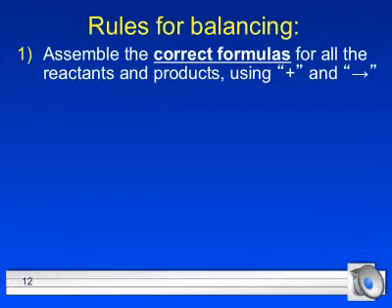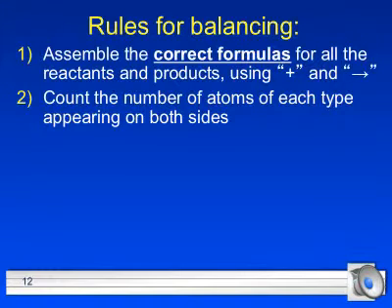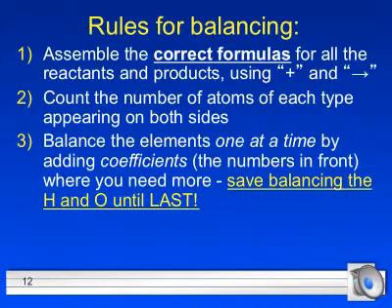So, rules for balancing equations. First of all, you need to assemble the correct formulas for all the reactants and products using a plus or an arrow. So this is making a skeleton equation, right? Secondly, you need to count the number of atoms of each type appearing on both sides. You need to figure out where you need to start. What's unbalanced? You only need to balance the unbalanced ones, correct? Then you need to balance the elements one at a time.